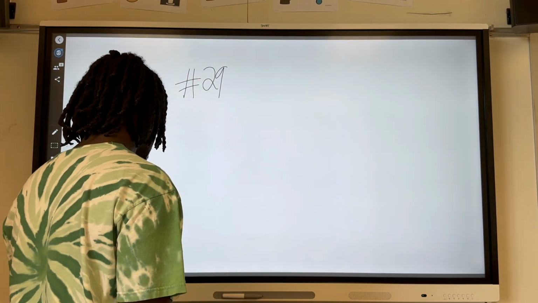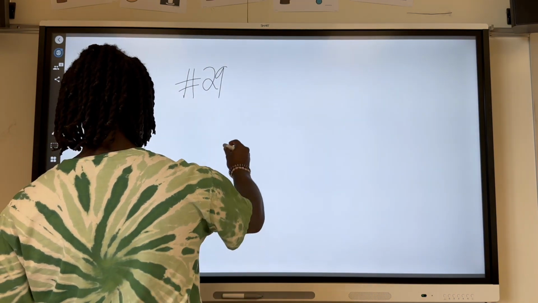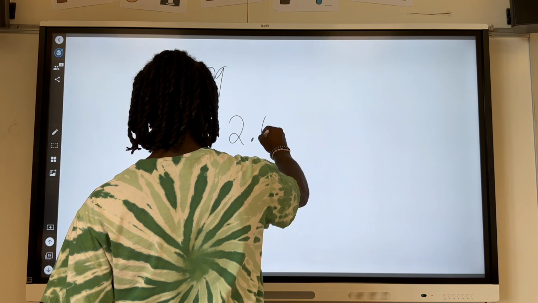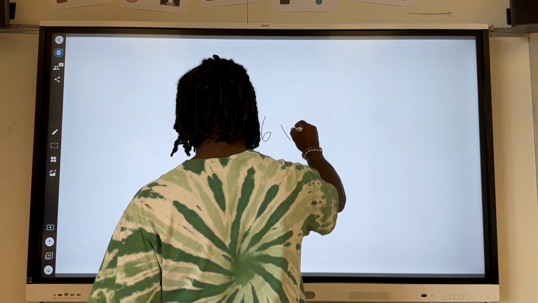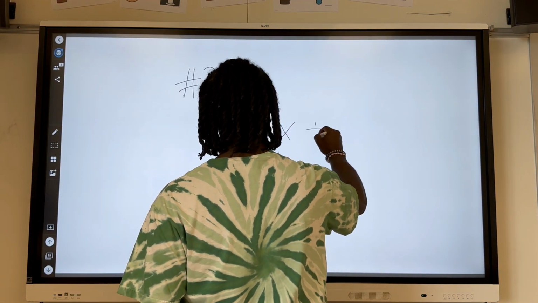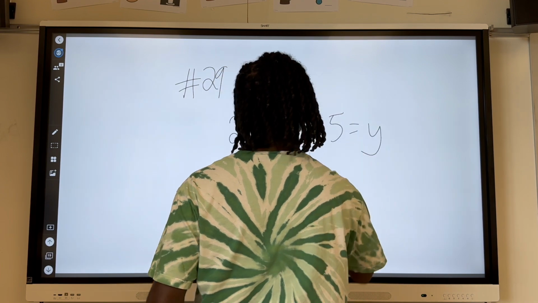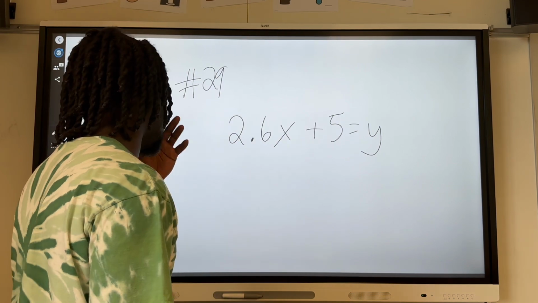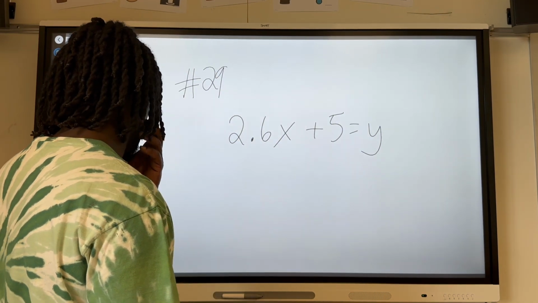29. Okay. And so you just need to write, this would be 2.6 times x plus 5 equals y. So all you got to do is plug these numbers in to figure out which one matches.